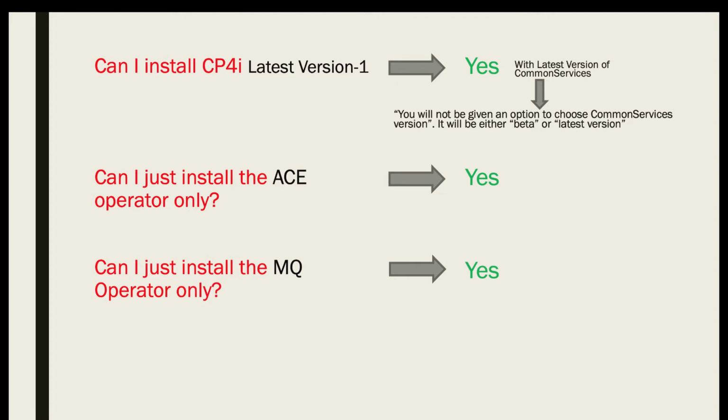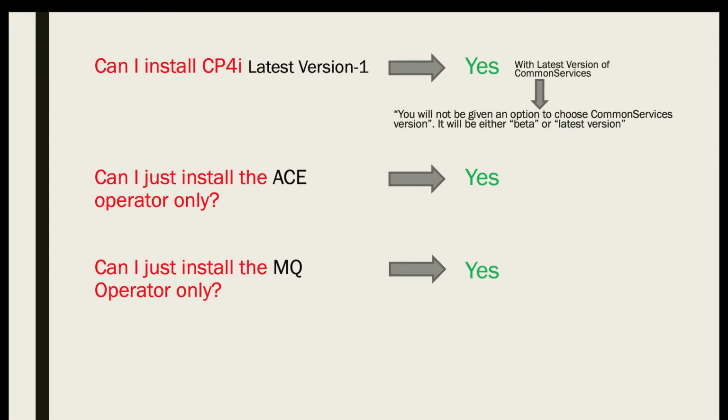The question is, can I install the current version minus one, the one version previous to the current version? Yes, you can, but with the latest version of common services, there are some dependencies. You may ask, can I not choose the version that I'm looking for? No, you will not be given an option to choose the version.